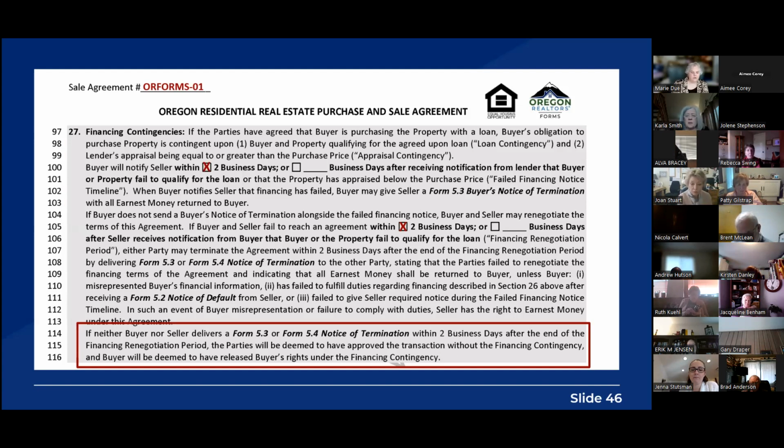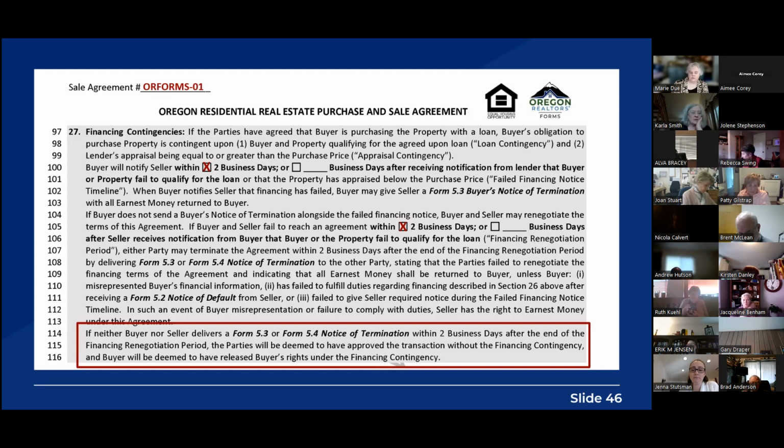If neither buyer nor seller delivers that form within 2 business days at the end of the financing renegotiation period, all parties are deemed to approve the transaction without the financing contingency, and the buyer will be deemed to have released buyer's rights under the financing contingency.